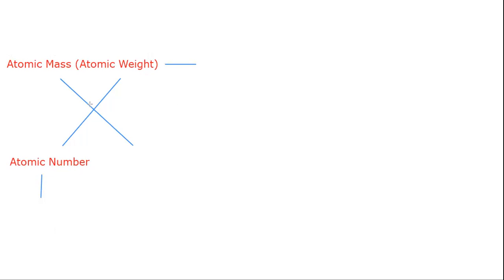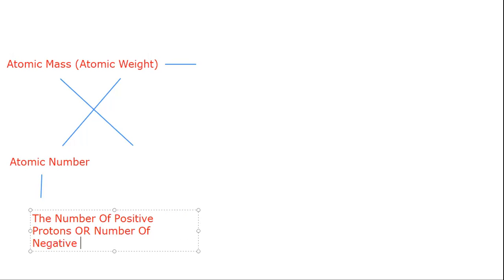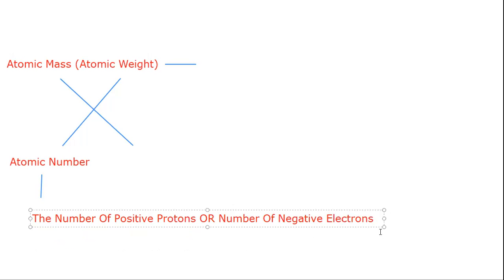Atomic number is the number of positive protons or number of negative electrons.